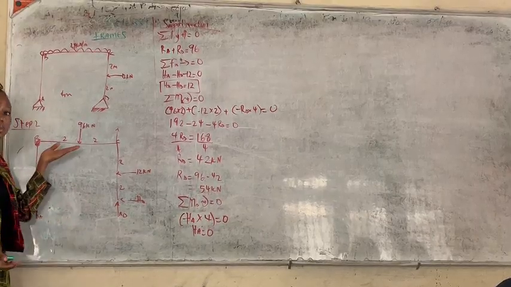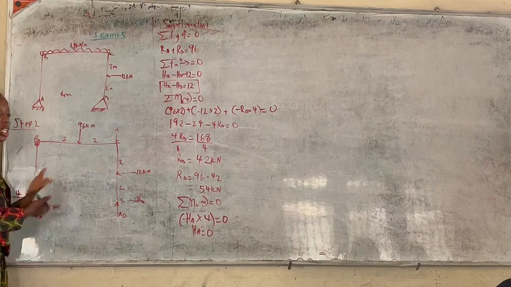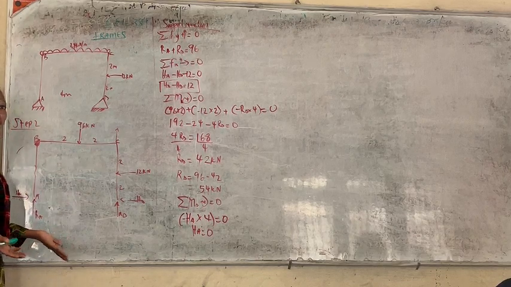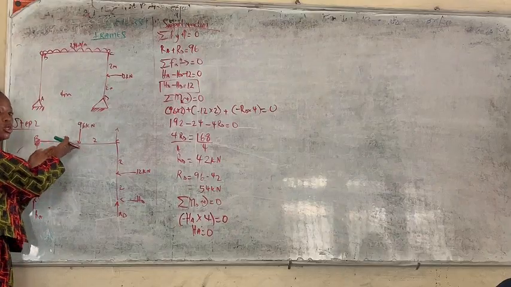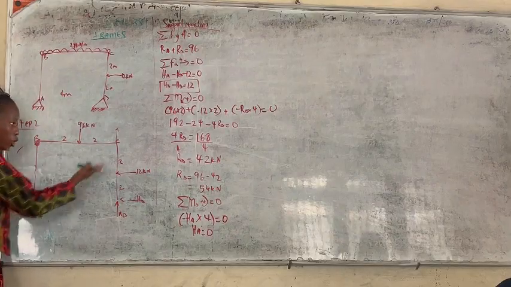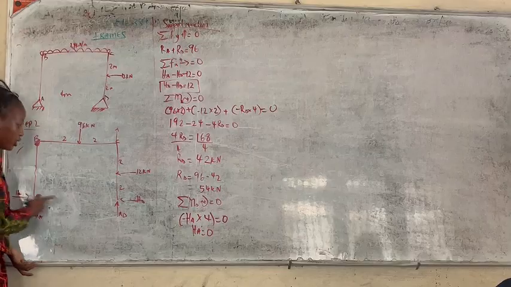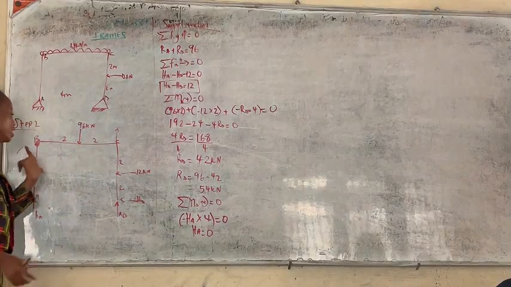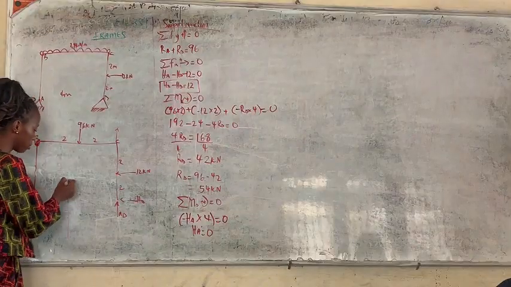So now, we can't use the beam. Why? Because we're not looking for anything on the beam. There's no unknown on the beam. It's on the column that we have unknowns, HD and HA. But there's no internal hinge here. The internal hinge is there, so we are dealing with only this.